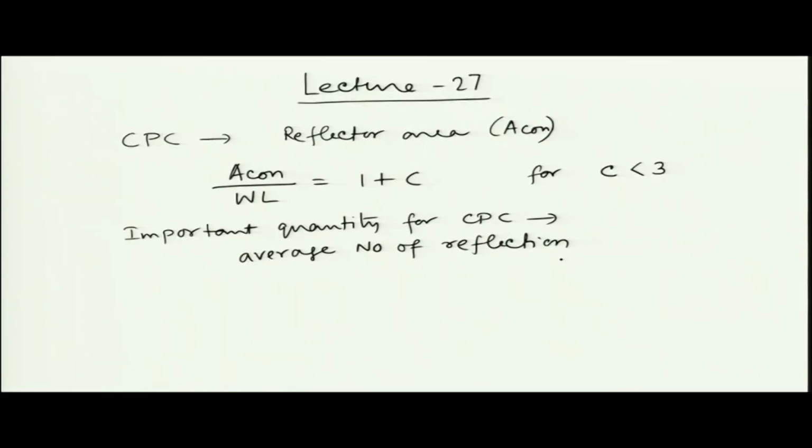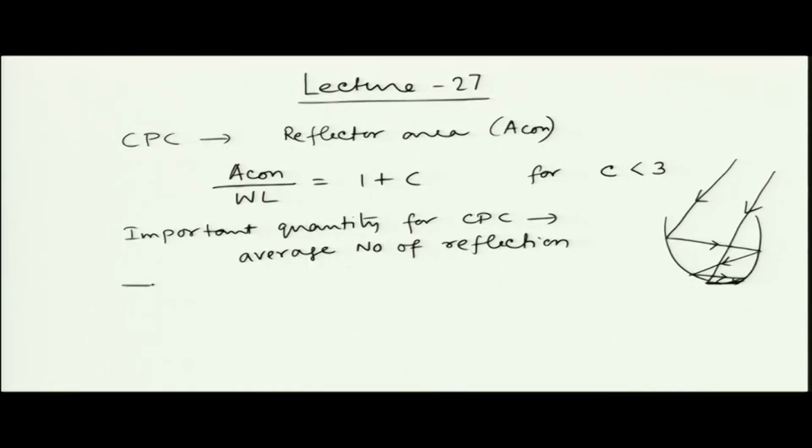Okay. So, if you look at the CPC geometry, some ray may go through multiple number of reflection before they reach the receiver surface, or some ray may directly come to the receiver surface.